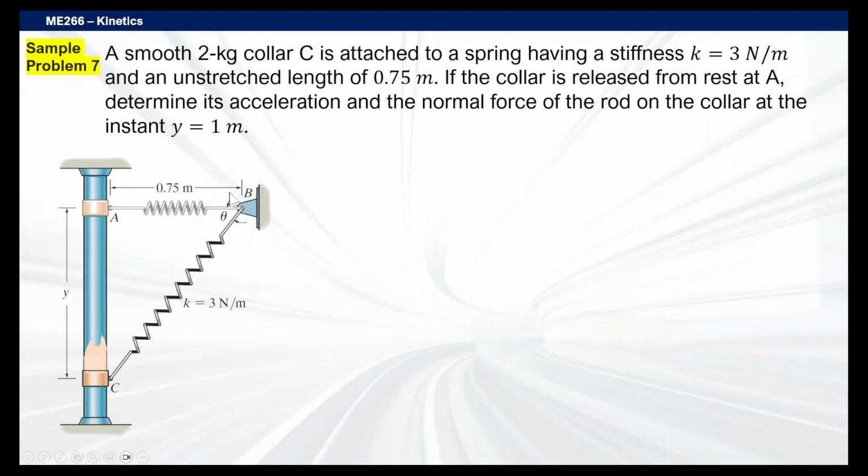Now, if the collar is released from rest at point A, determine its acceleration and the normal force of the rod on the collar at the instant y equals 1 meter. So our starting point is this one. You could say that this is our origin, and it just dropped down 1 meter. So that's going to be negative 1 meter for sure.